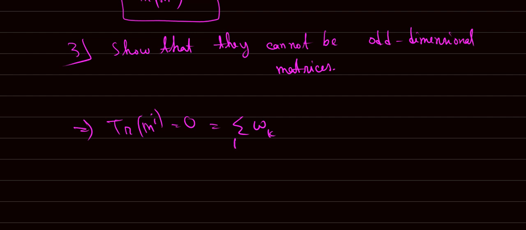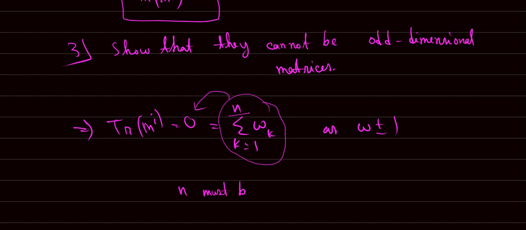If we diagonalize, we know the diagonal entries of the Hermitian matrices are our eigenvalues. So this will be like this. As omega is plus minus 1 only, if n is odd, it is not possible to sum all the eigenvalues and get 0. So n must be even.